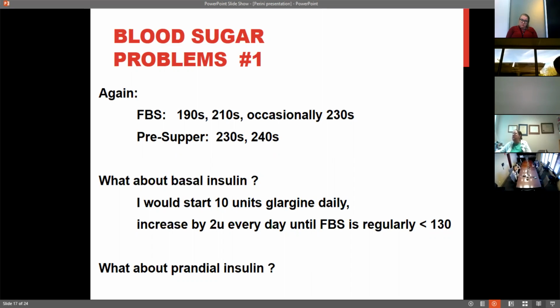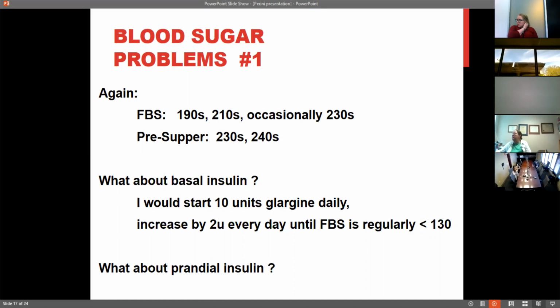So I usually start with a basal insulin alone first, and I get them to a dose of basal insulin, like Glargine or Tresiba, whatever basal insulin you're using. I've adjusted the dose up to get their fastings down to target. If their fasting sugar is now down to, say, 120, most days, the difference between their fasting and their pre-meal sugar, say the other time of day sugar, again, is no more than about 50 points.